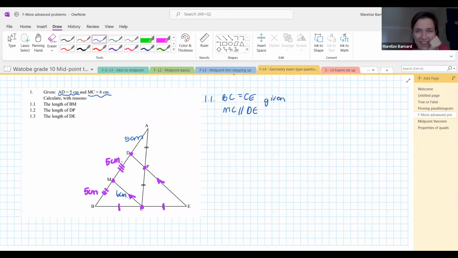That's also given. Therefore, BM is equal to MD, and that is line from midpoint parallel to second side.